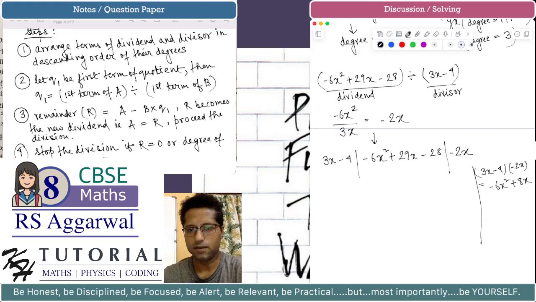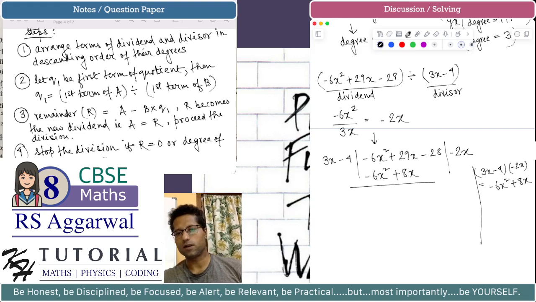You will write the product of the first term of the quotient, minus 2x, and the divisor below the dividend. So this is minus 6x square plus 8x. Preferably you will write all the similar terms of the product below the similar terms of the dividend. Now you have to subtract this, that is, subtract the product of the first term of the quotient and the divisor from the dividend.